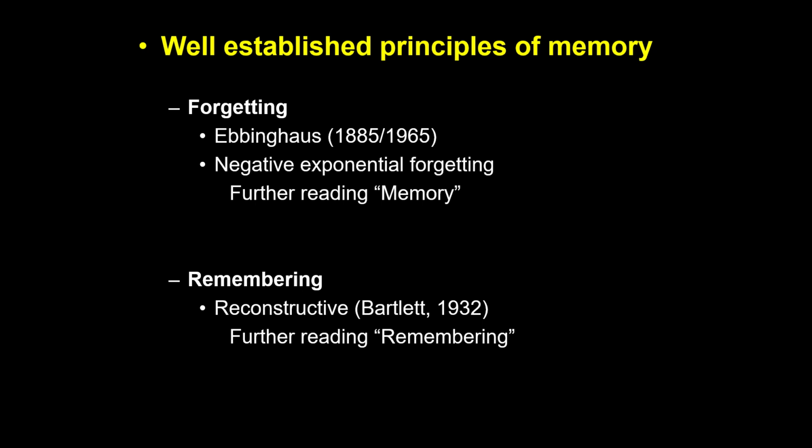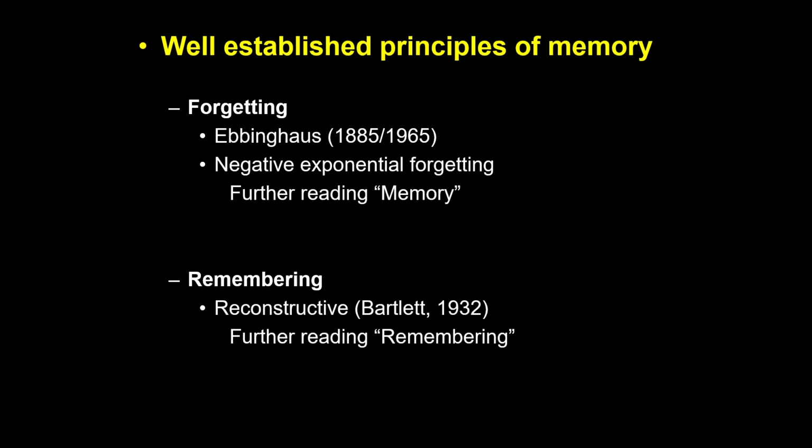function. And the legacy of that type of research on forgetting is that it is very well established that over time memories fade, and that more forgetting occurs early on in the memory process and then levels out, and that's the negative exponential element to forgetting. And there have also been well-established principles of memory around remembering.